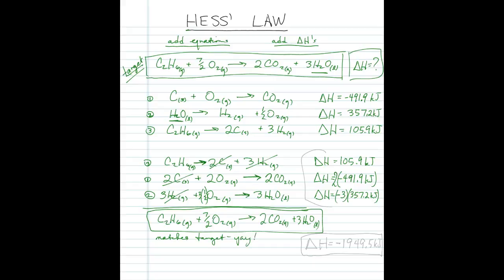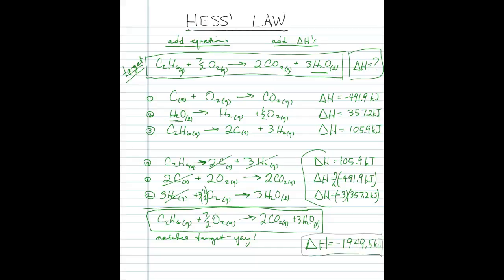So we're good. So now, we have already fixed all of our delta H's, and we've done what we need to do to them. So now we're going to take 105.9, we're going to add it to 2 times negative 491.9, and we're going to add it to negative 3 times 357.2, and when we do all of that, our new delta H is negative 1949.5 kilojoules.